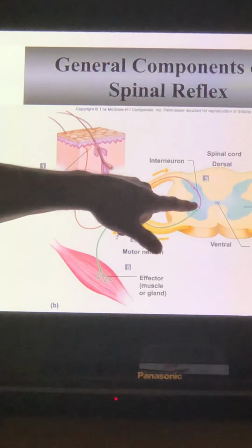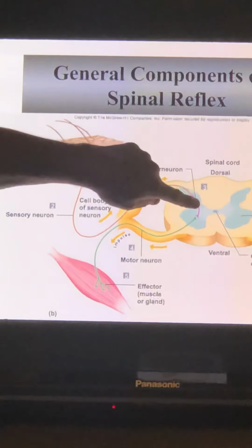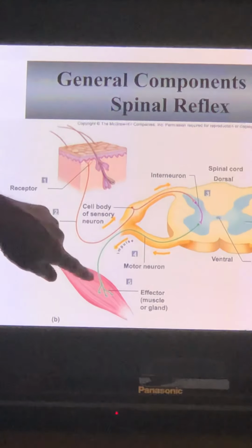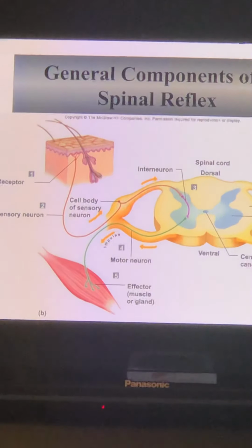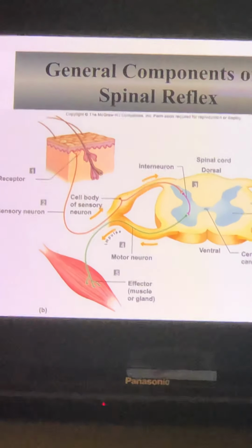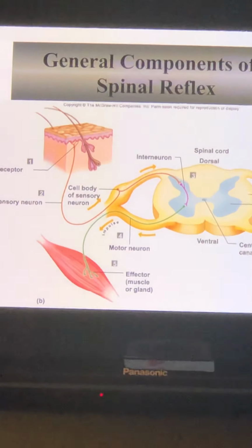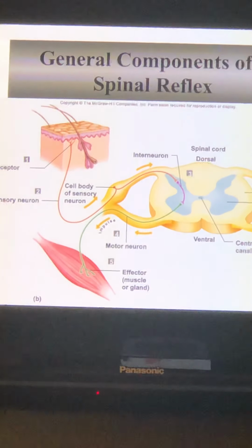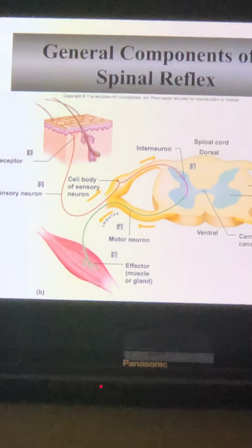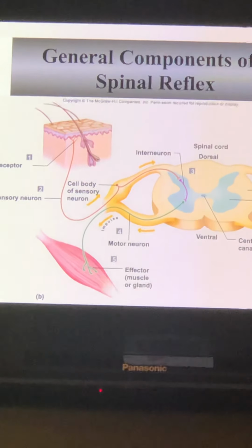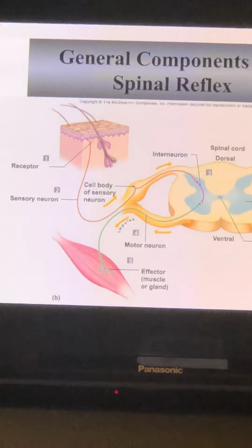It's going to tell the interneuron, which is the third leg, to tell the motor neuron to flex your arm and pull that away from the object you're sticking. That is called the withdrawal reflex. Believe it or not, you actually withdraw your finger before your brain is ever aware that you were in trouble, because that stays at the spinal cord level.